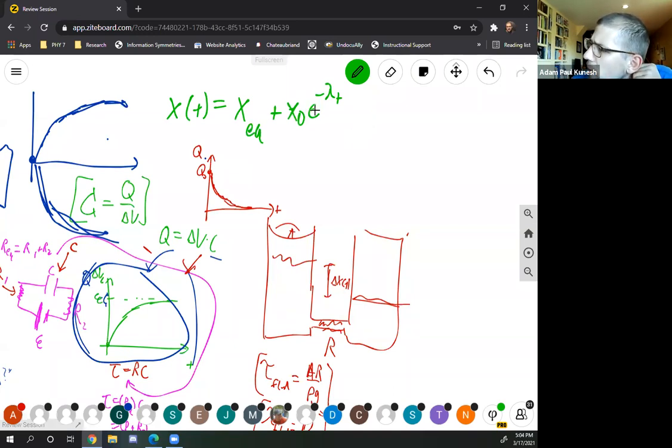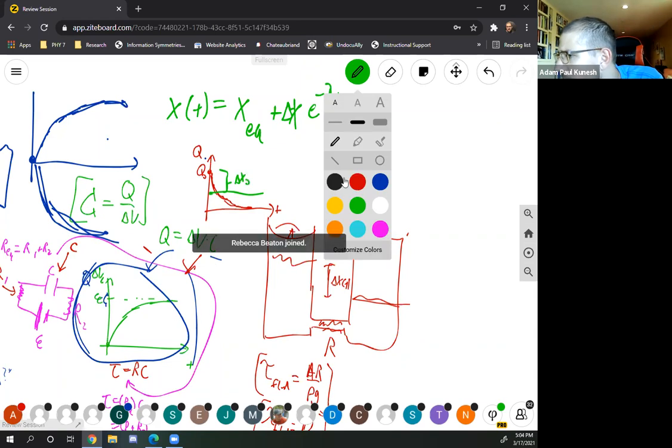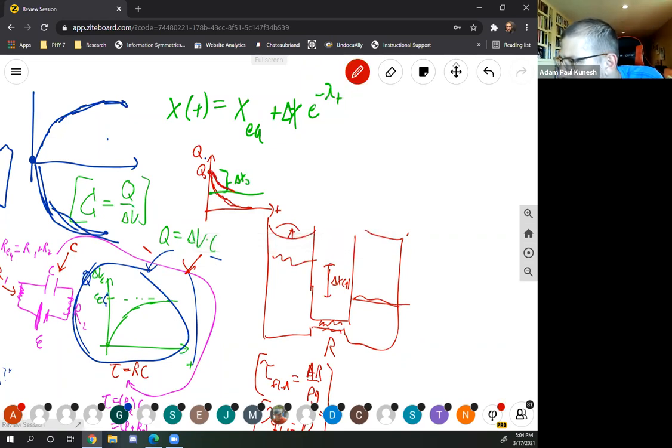Double check myself. As we go to infinity, this will be 0, we'll be left with equilibrium. When we start at time t equals 0, it'll be x equilibrium plus delta x initial. So the point is I start some height above my decay point. Here's my delta x initial, and I'll decay to that. The concept is identical, and we won't ask you to do calculations involving non-zero or non-battery voltage decays.